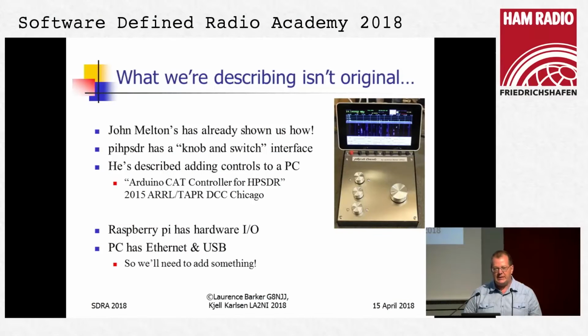His PC SDR program has connections for knobs and push buttons, so that you can have tuning knobs and knobs for some of the other analog controls, push buttons for others. And he's described how we could use CAT commands to control a PC-based program that was described 3 years ago, I believe. So all we needed to do was to make something similar.